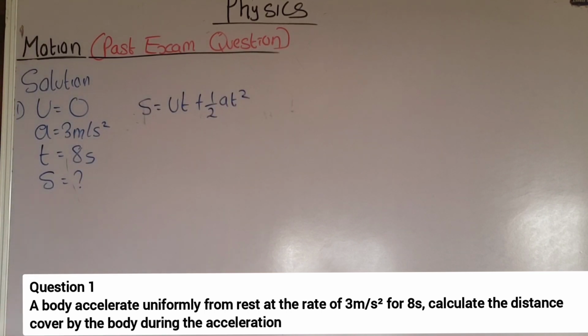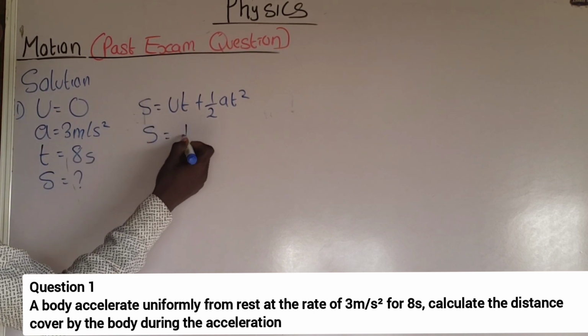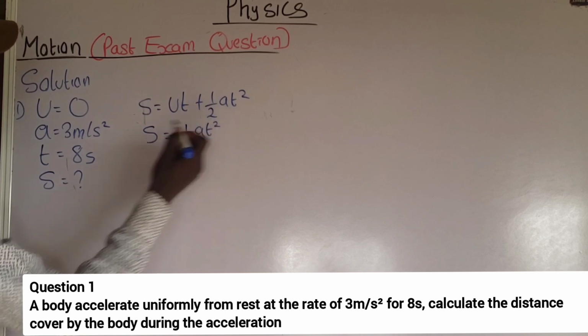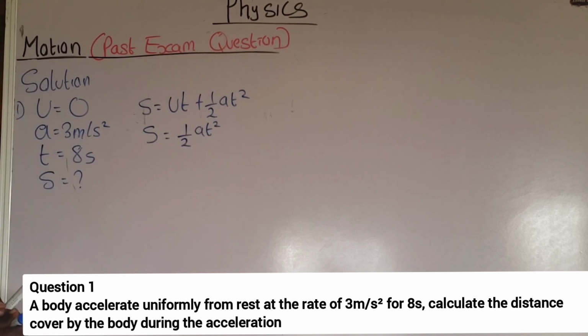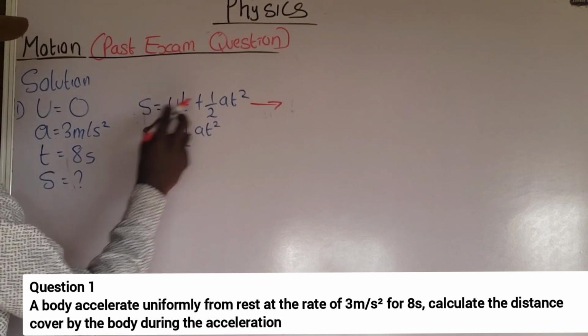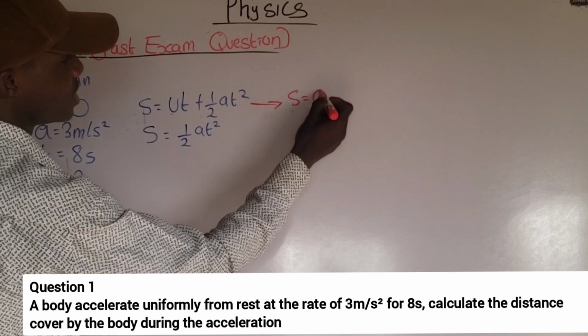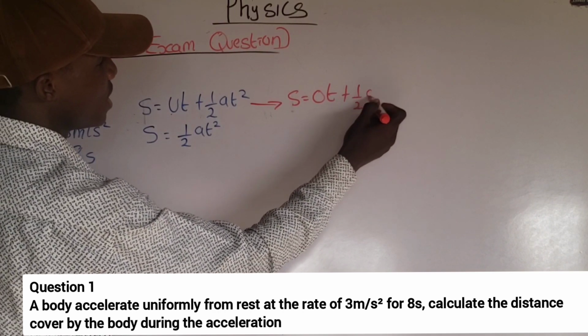Now, because the initial velocity is 0, I'm going to have s equals 1 over 2 at squared. Listen, I'm going to explain. u is 0, so I'm going to have s equals 0 multiplied by t plus 1 over 2 at squared.